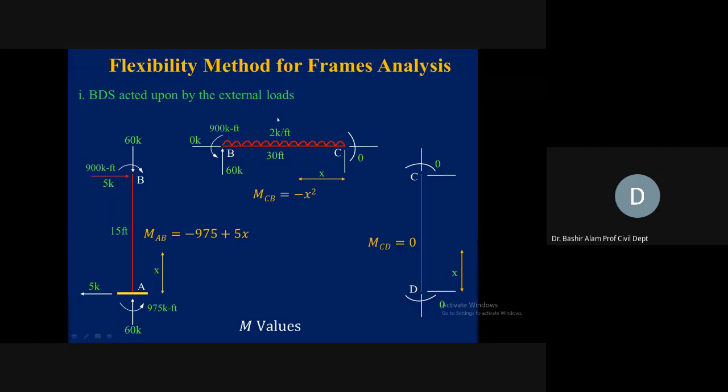So 60 is the resultant of this 2 kip per foot multiplied by 30, and its distance from A is 30 divided by 2, which is 15. So 60 multiplied by 15 gives us 900, plus this 5 times 15, 75, it is also in clockwise direction. So 900 plus 75, 975, it is clockwise, it will be resisted by this 975 moment at support A.